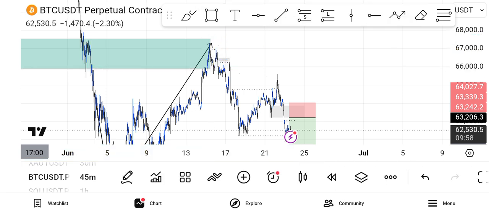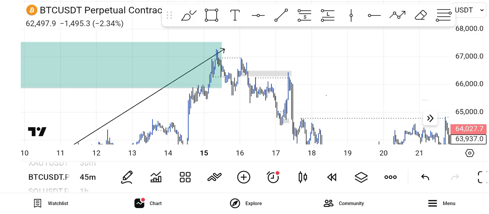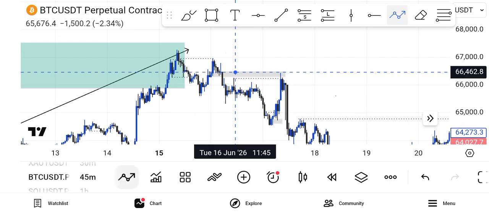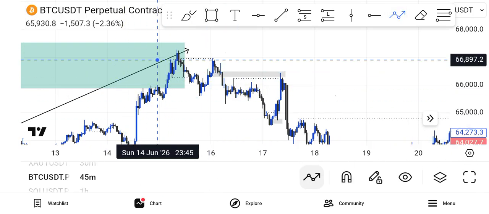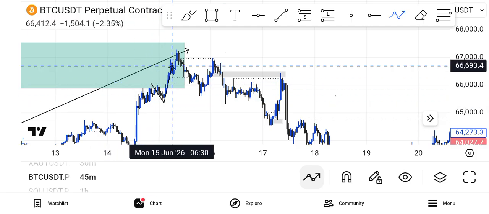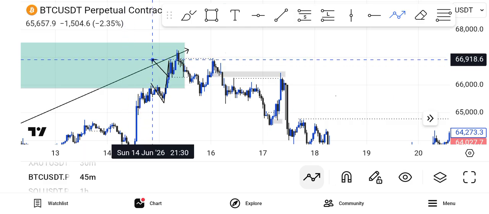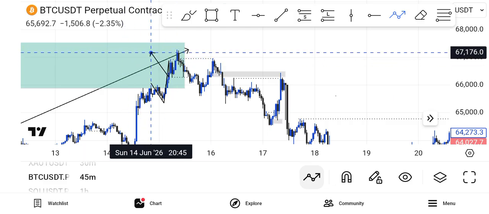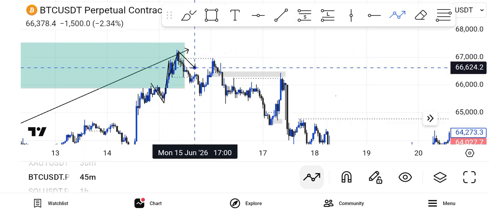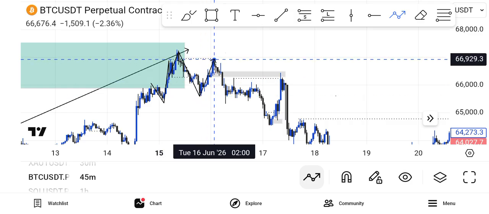So if you pay attention now, you can see that immediately we tap that zone on the 45 minutes, what do you notice here? The market was buying, creating a series of highs and lows. Then it tapped into that 45-minute zone, and when it tapped in, you can see that we have a switch in market structure.